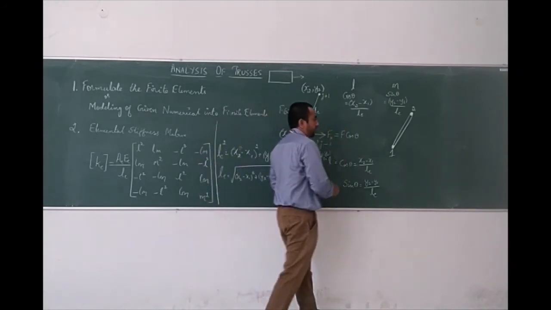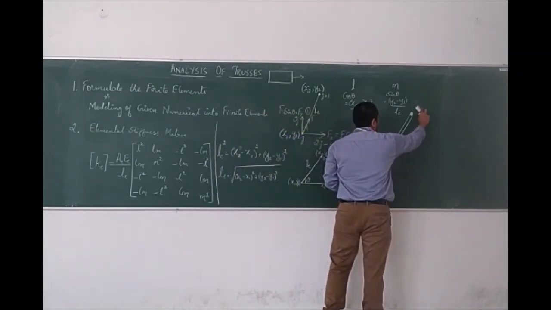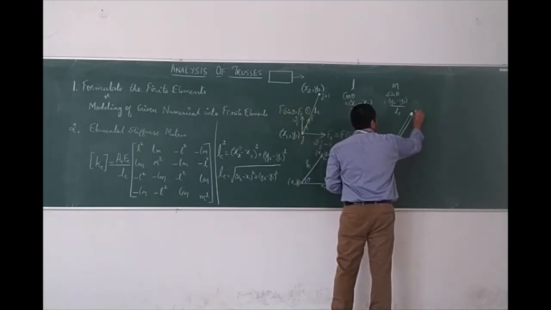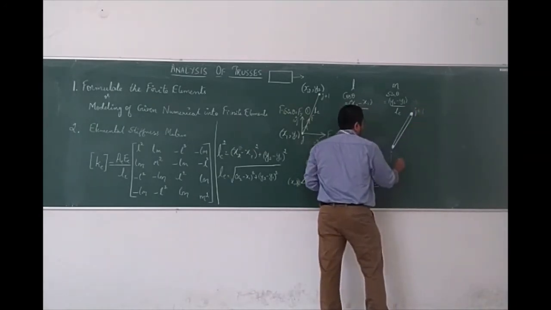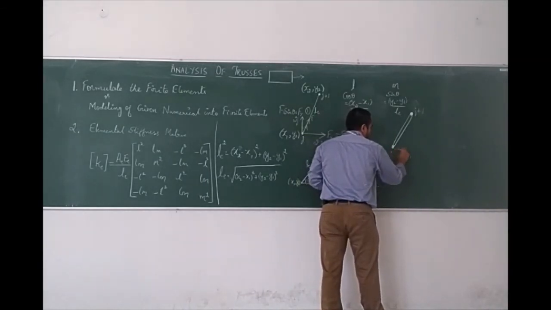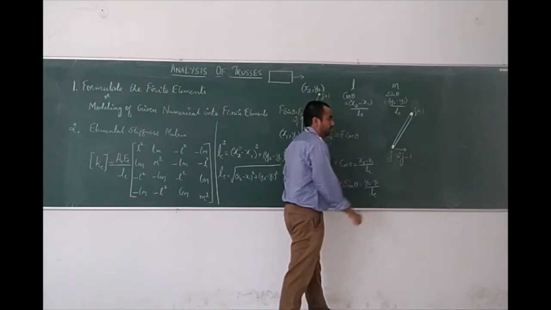To write it more neatly, instead of J plus 1, it is this: 2J minus 1 for the displacement along the x direction.